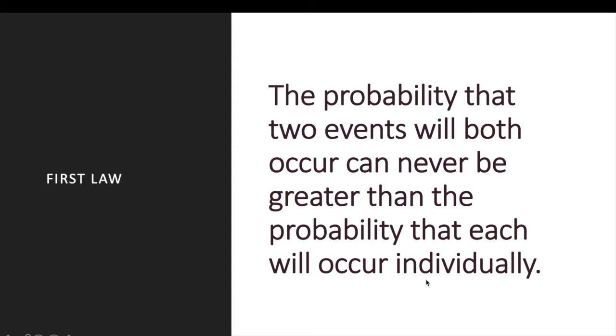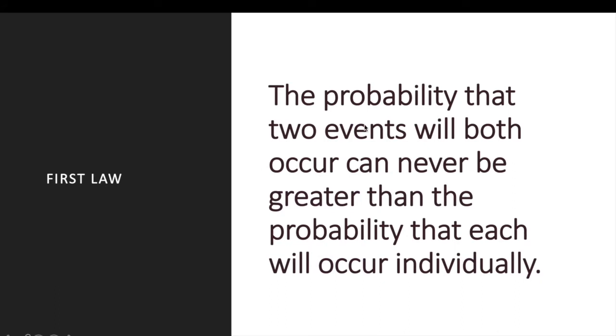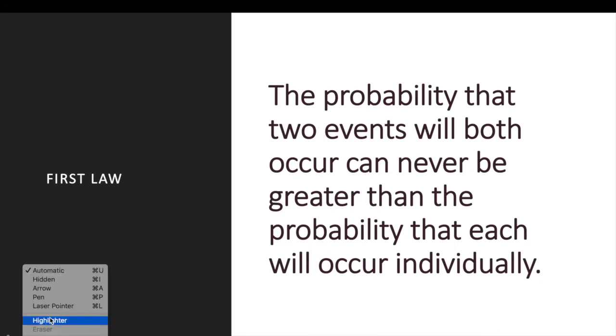Having said that, for example, this is a union. What is meant by the first law is the probability that two events will both occur. Let me highlight here.